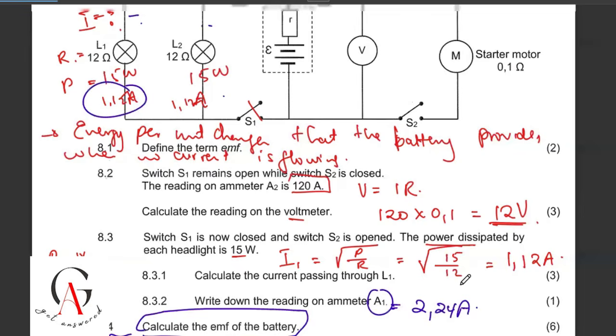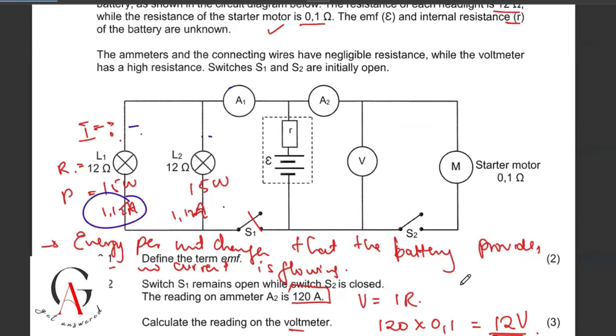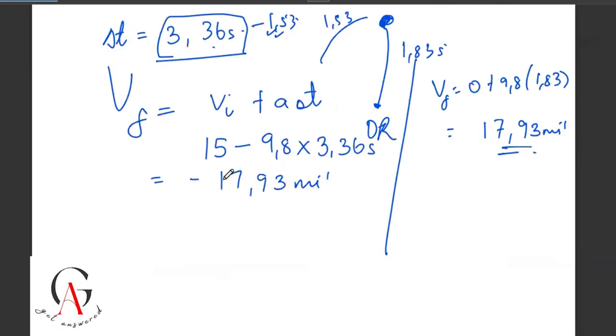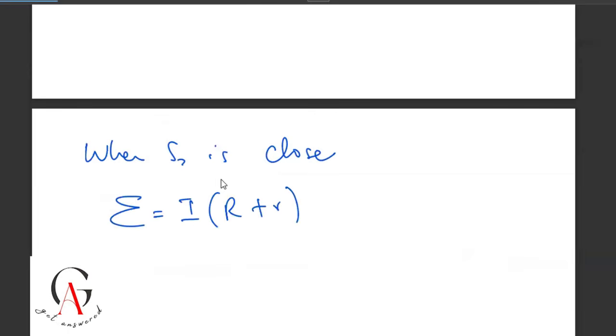What I'm going to do here is look at each switch separately, get the EMF, and then solve the two equations simultaneously. When S2 is closed, EMF is given as I into R plus the internal resistance. What I need to get is the internal resistance first.